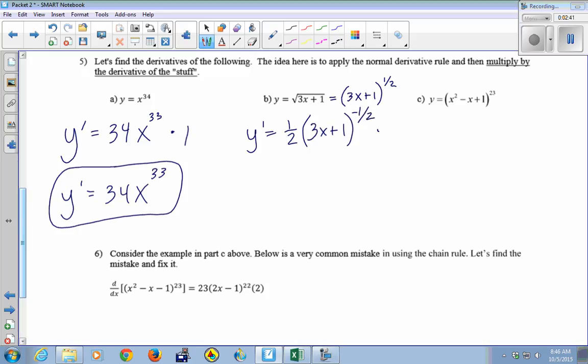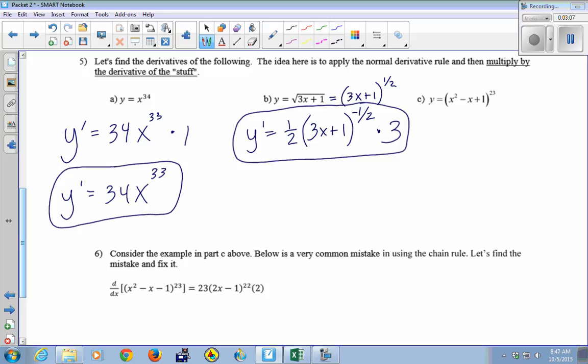But then I still have to multiply by the derivative of the stuff. The stuff that was being raised to the 1/2, what is the derivative of that? 3. Yeah, 3x plus 1 is the stuff that we applied the power rule to. So I have to multiply by the derivative of the stuff. And that gets me my final chain rule derivative.